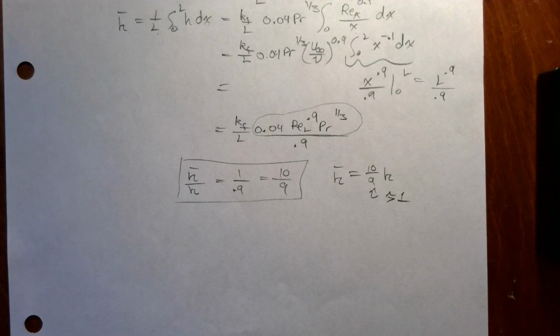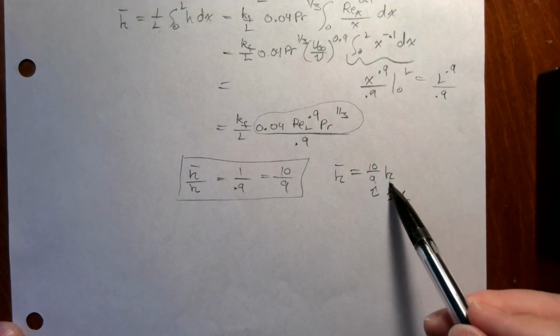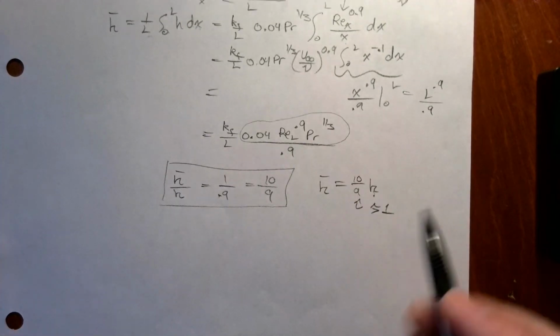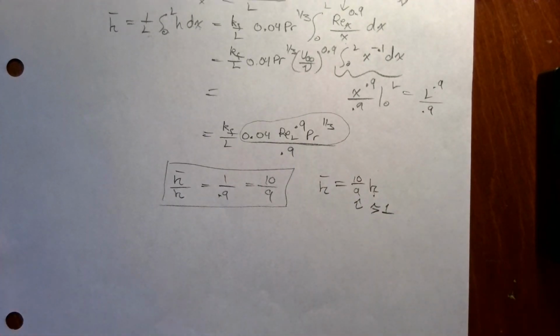So H is actually decreasing as X increases. This H is decreasing. So the average between 0 and some value where this is decreasing is always going to be larger.